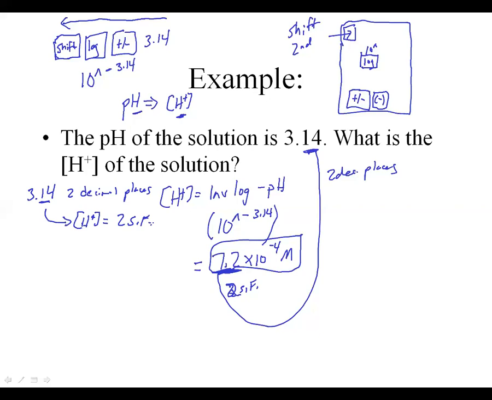That's why we ended up with 2 significant figures, because of the decimal places. Remember, when you go the other way, you go from significant figures to decimal places. Then when you go from pH back, you go from decimal places back to significant figures. So if it had 1 decimal place, you would take the concentration to 1 significant figure. If it had 3 decimal places, you would take it to 3 significant figures going backwards. Questions on how to punch it in?